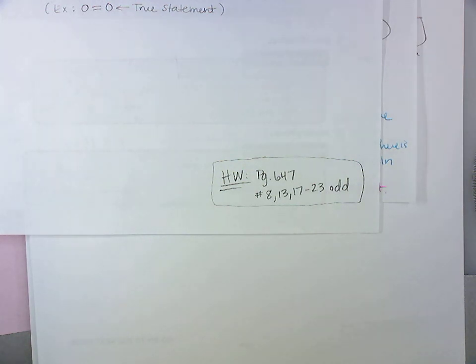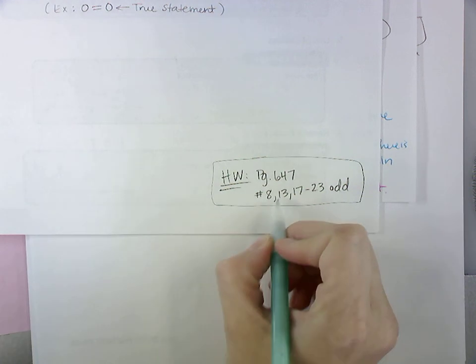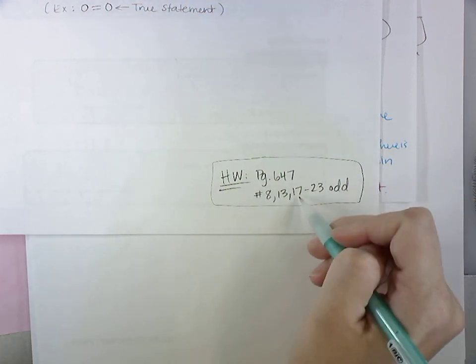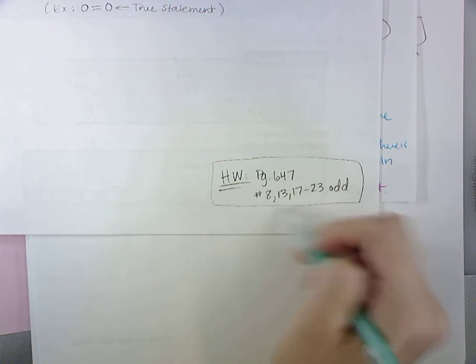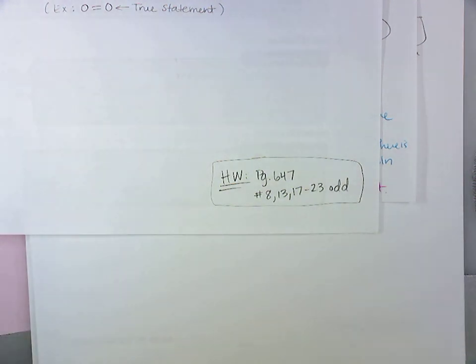So you're doing 8, 13, 17 through 23 odd. You can check those to make sure that you did get the correct solution. But all we did today is we used algebra to solve. So for full credit on your homework, you're going to have to show me how you solved. And that's what I'll be checking tomorrow.